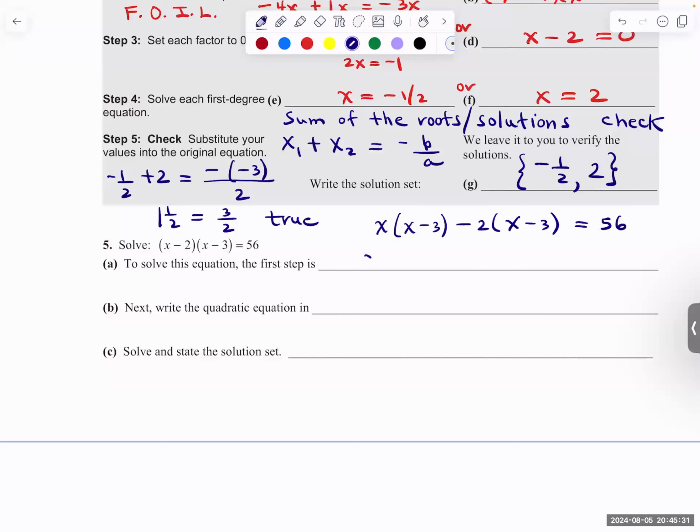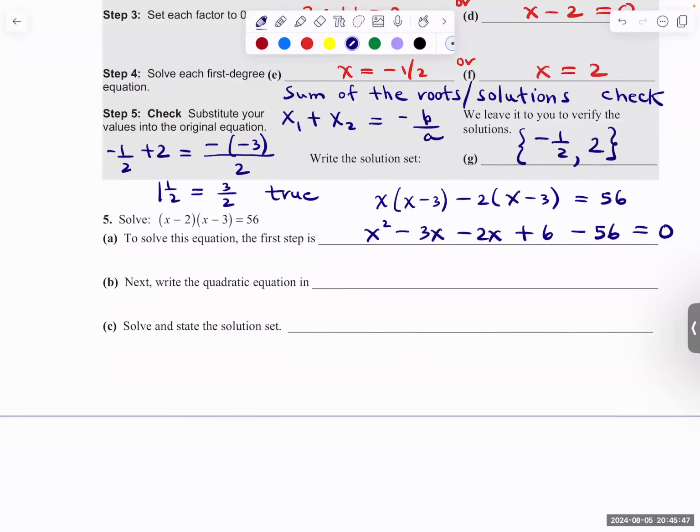Keep multiplying. x times x, x squared, minus 3x, minus 2x, plus 6. And let's subtract 56 to set this quadratic equation to 0. So we have x squared minus 5x minus 50 equals 0.